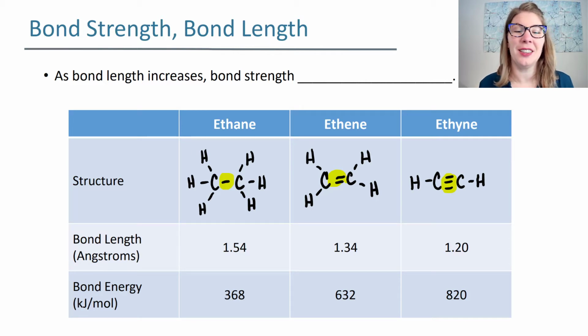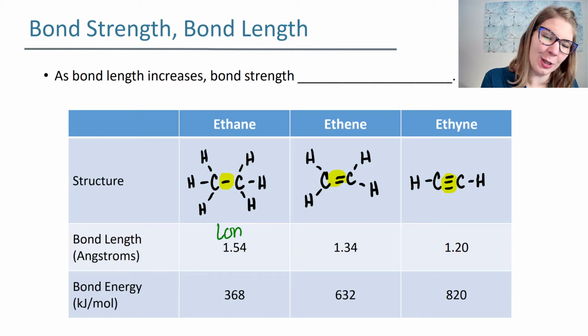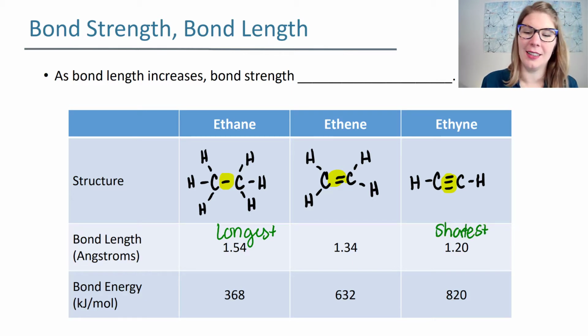And let's notice that the bond length gets shorter as we end up adding more attachments, right? So ethane is the longest of the set, and this is the shortest of the set.